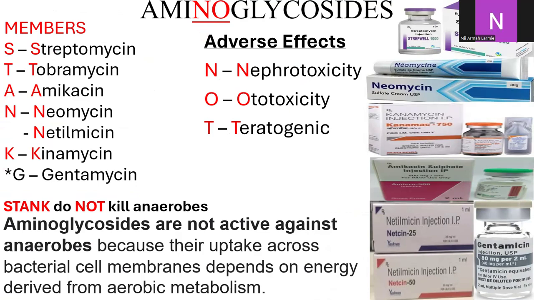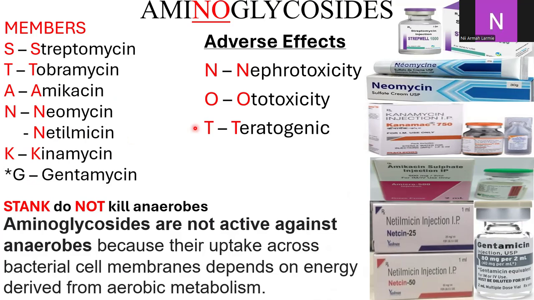Members of this group, I use TANK G to help me remember. It's TANK G, where S is streptomycin, tobramycin, amikacin, neomycin, and kanamycin. Then gentamicin, which is the most popular member and the prototype member of the group.